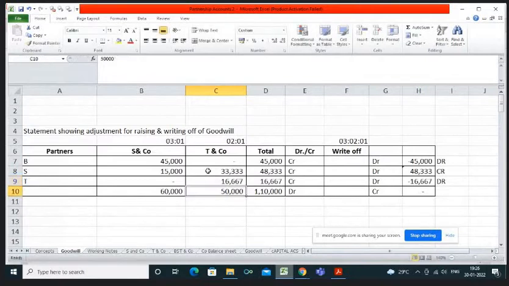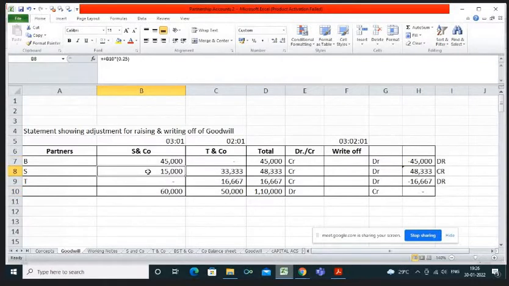So total goodwill raised is 1,10,000. If this goodwill was to be recognized in the books of the old firm itself, we will recognize this goodwill as 60,000 and we will credit the partners' accounts by 45,000 and 15,000.